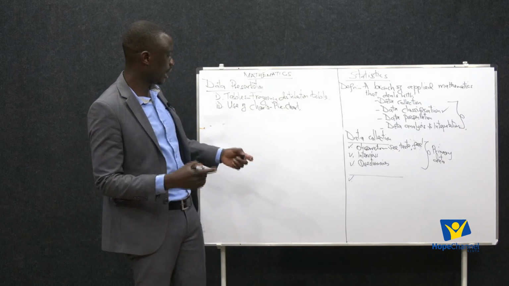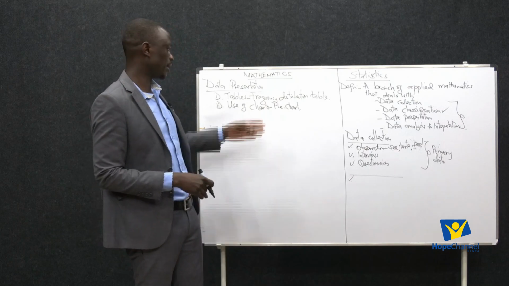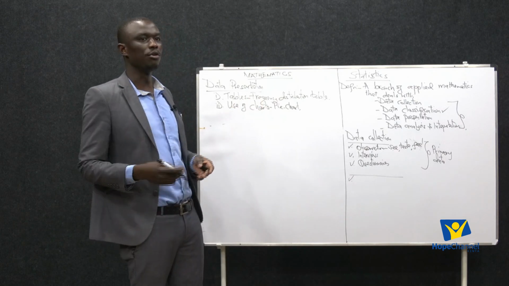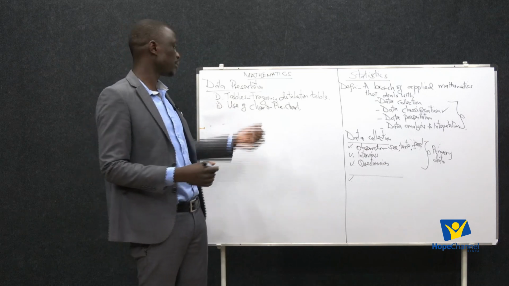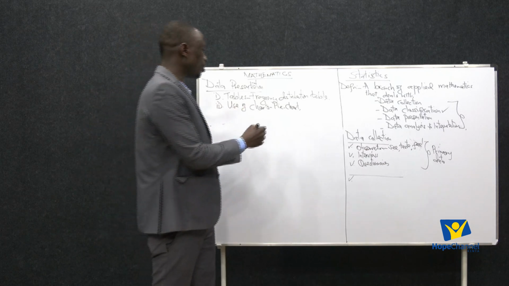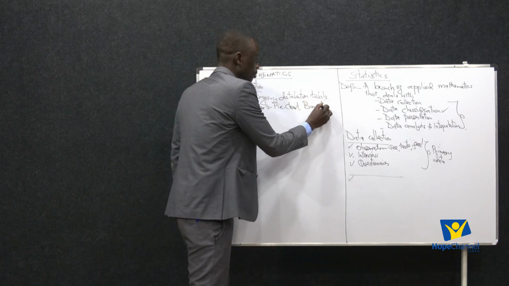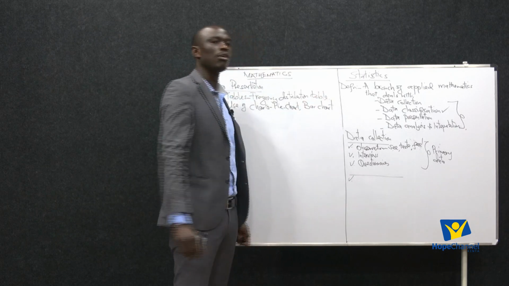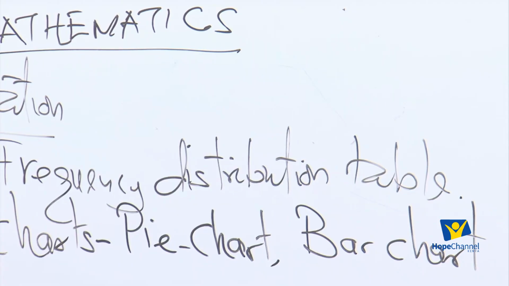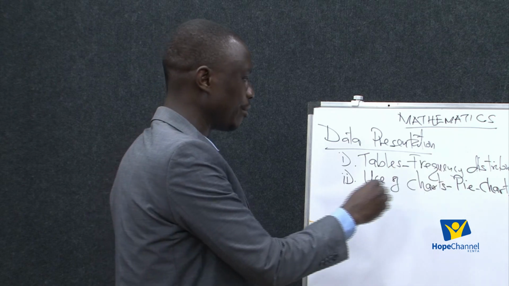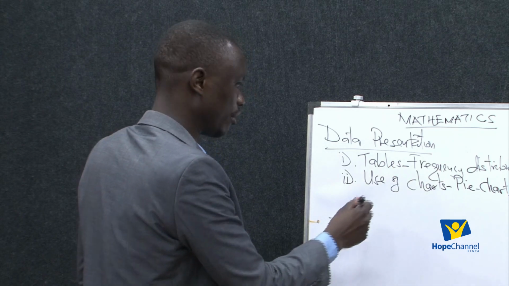You know how a pie chart looks like, but we will also discuss how we present data on a pie chart. We also have what is called a bar chart, which is also a method that we will be using to present data. Among other charts, we will be discussing all these ones.